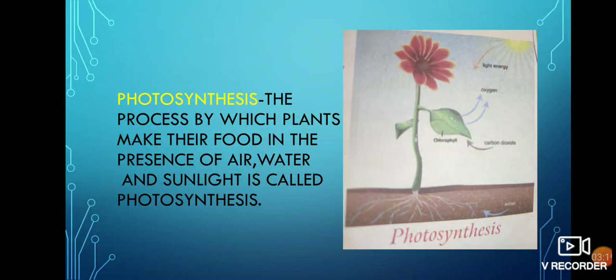And here chlorophyll is present because the leaves are green. And what happens? Food is prepared. And this food is taken by the plant. And during this process, one gas is evolved. That gas is known as oxygen. Oxygen is very useful for us as we breathe in oxygen during breathing.